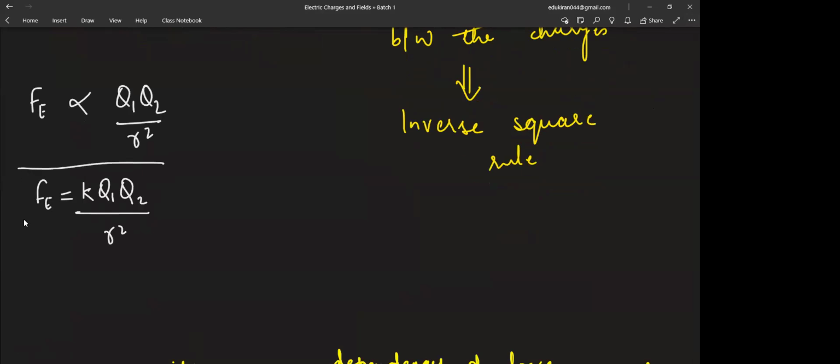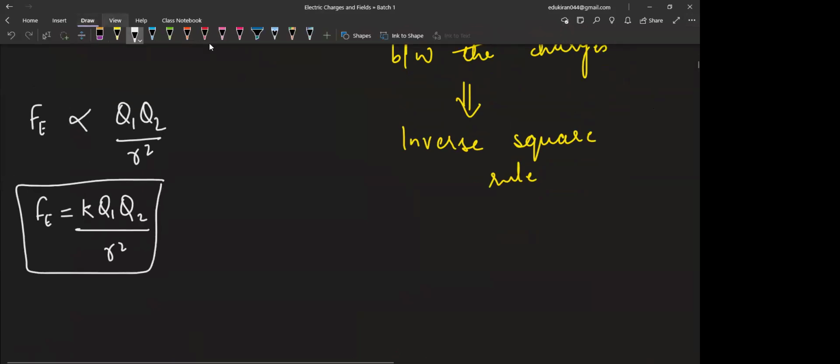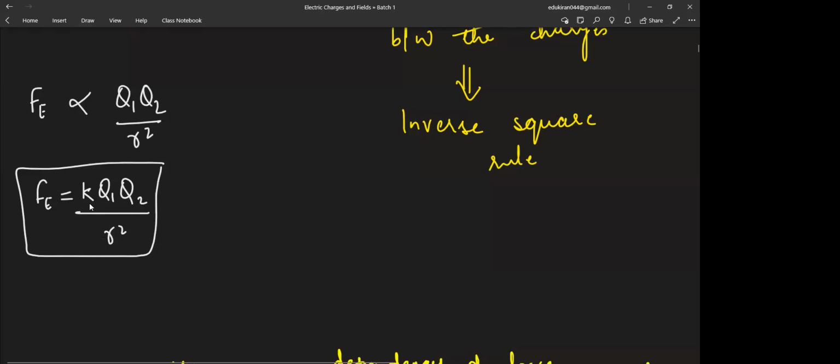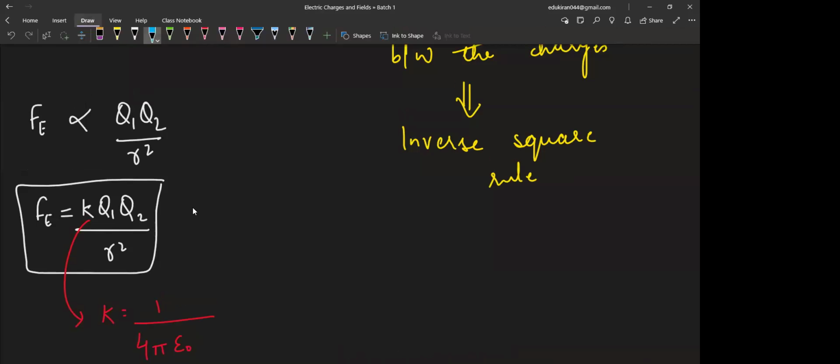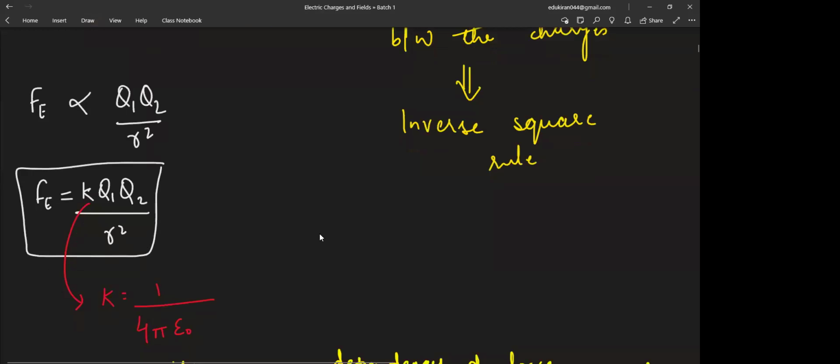This is the formula of Coulomb's law. Now what is this K? This K stands for 1 over 4 pi epsilon naught. We'll be discussing this value. Once you substitute it here, your force becomes Q1 Q2 by 4 pi epsilon naught R square.